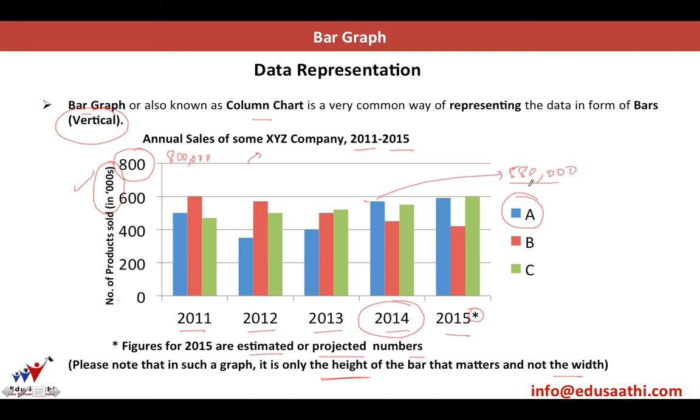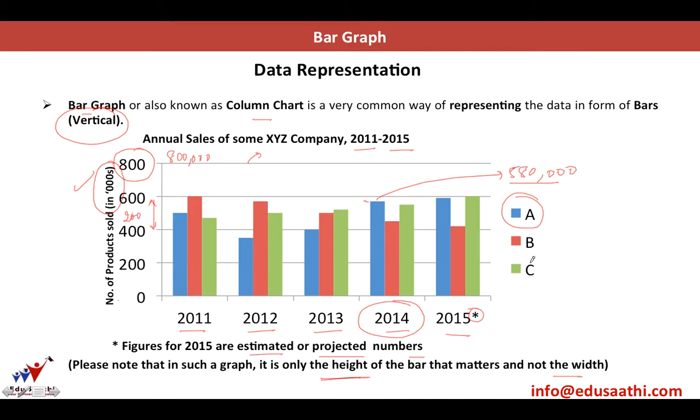So we had 580,000 products for this product A. Now you just have to apply a little bit of your imagination here, since this entire height is for 200 products, so this is very close to 600. So randomly I took a number 580. Similarly, you can decode any other data here.